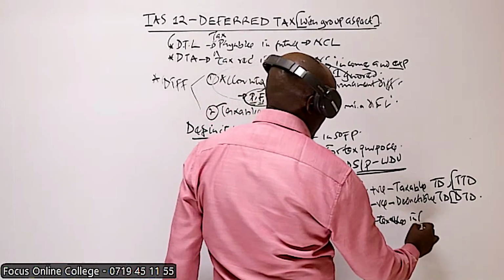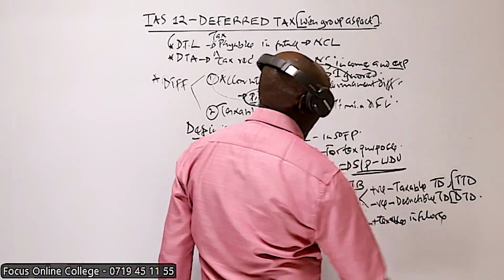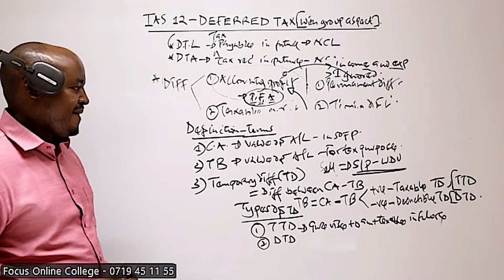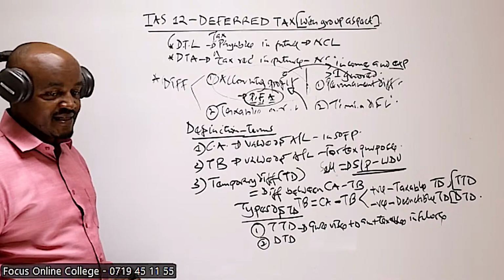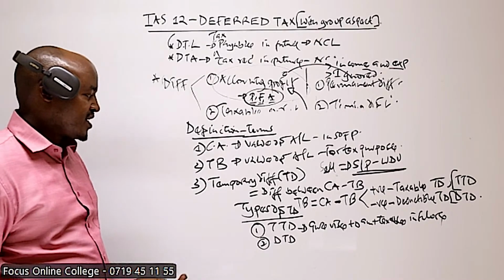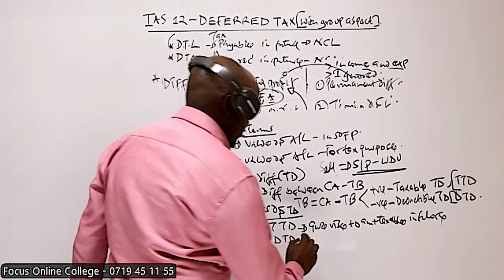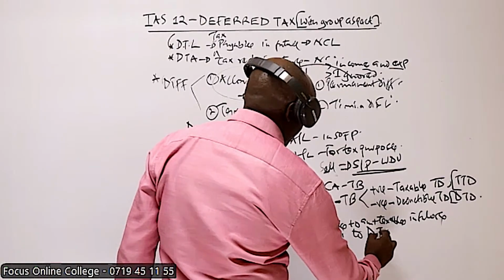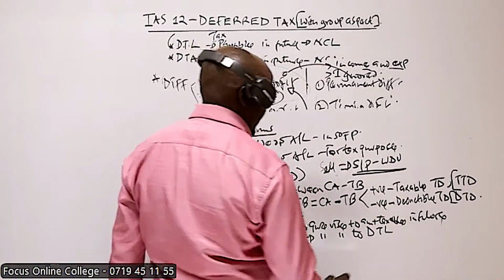Amounts taxable in what? In the future. And because it gives rise to amounts which are taxable in the future, we can also say that this will result in something called a deferred tax liability. So we can say this gives rise to deferred tax liability.